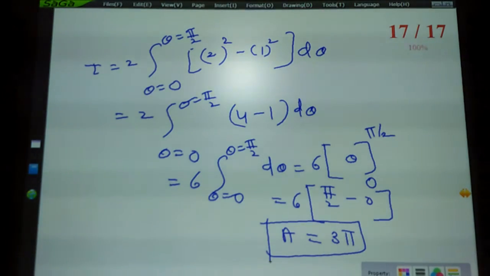Yes, sir. Okay. So after completion of these 4 problems, we will start example number 5.